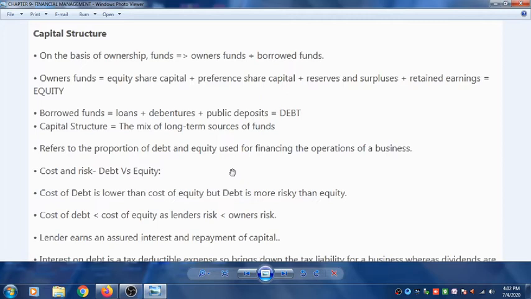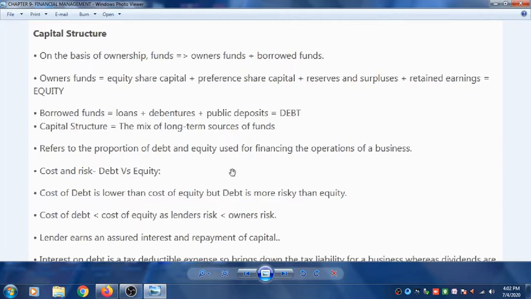Owners fund is also called equity finance and the borrowers fund is also called the debt finance or debt. Now owners fund are the fund which the owners supply the money to the business.